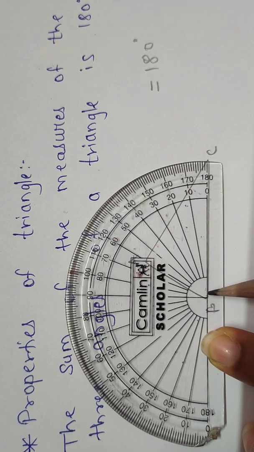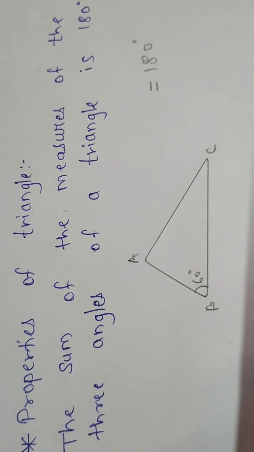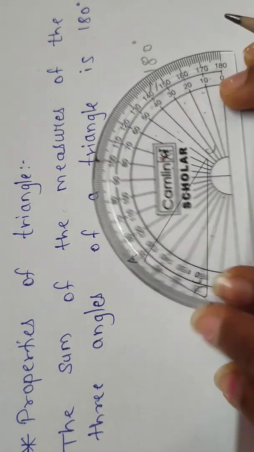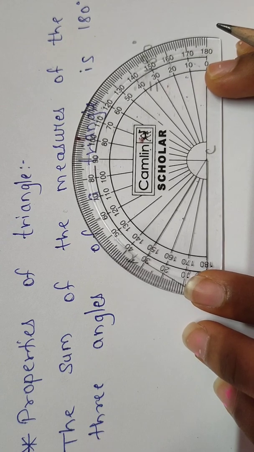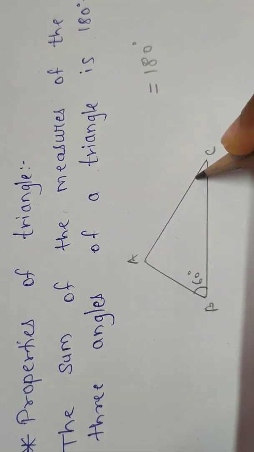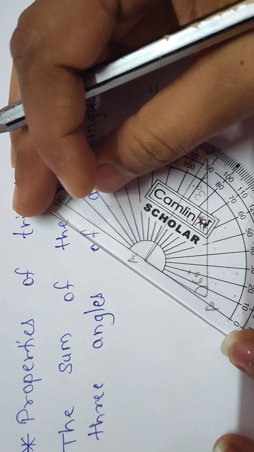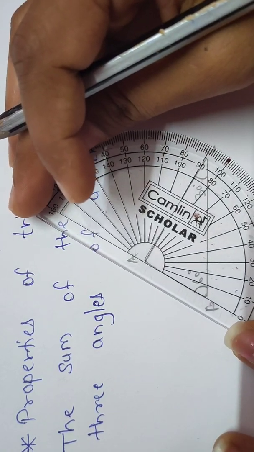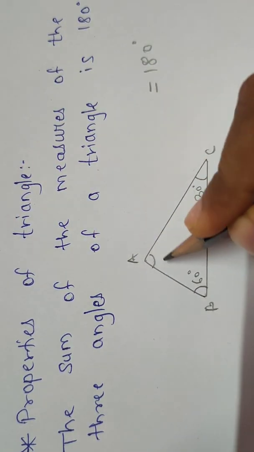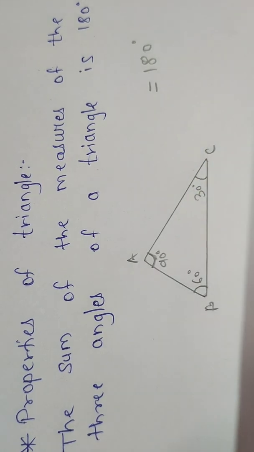Angle B is equal to 60 degrees. Then we will check for C. C is 30 degrees. And we will check for A. A is 90 degrees.